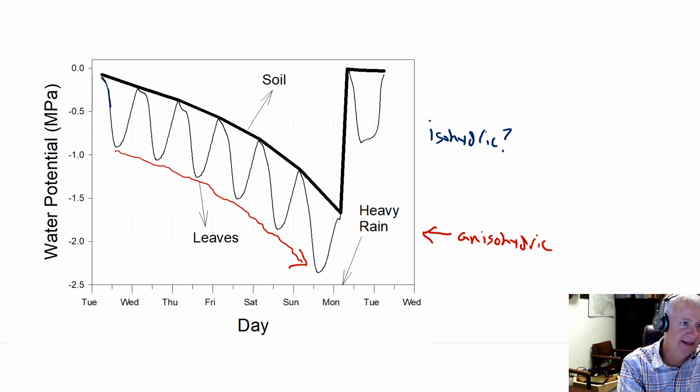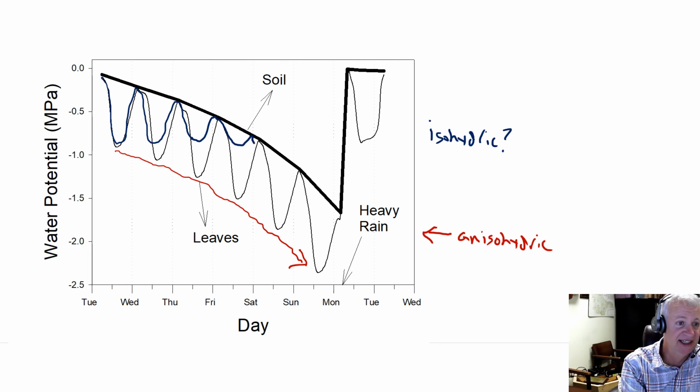It might, on this day, look like this, but as the soil dries it continues going down, but there's some minimum water potential and it regulates stomata to not go more negative than that. So as the soil dries, its pre-dawn water potential has to decline as soil water potential declines, but its midday water potential will remain relatively the same. So we just see a pattern like this.